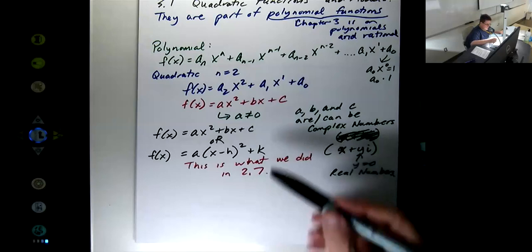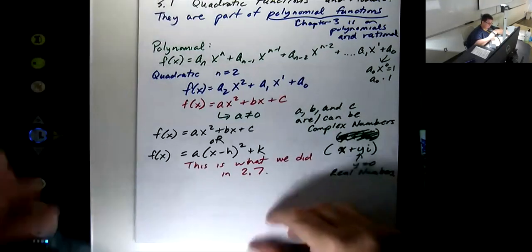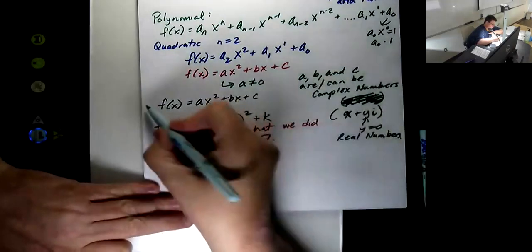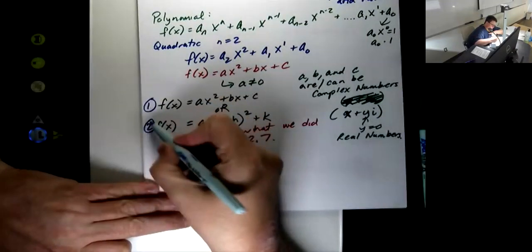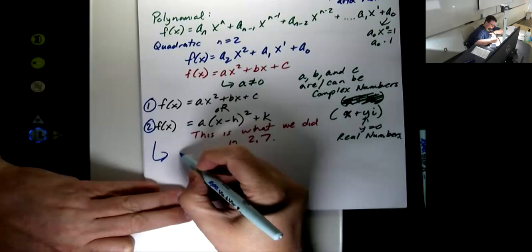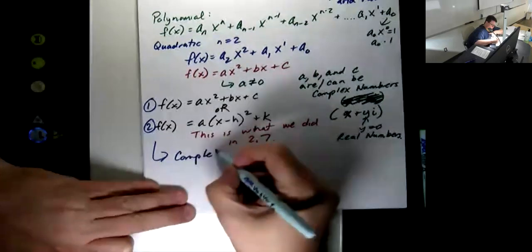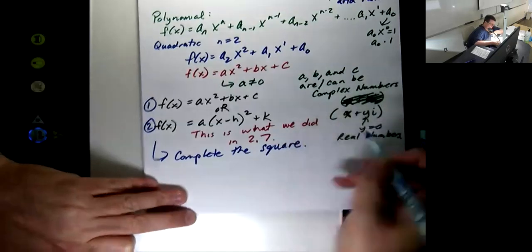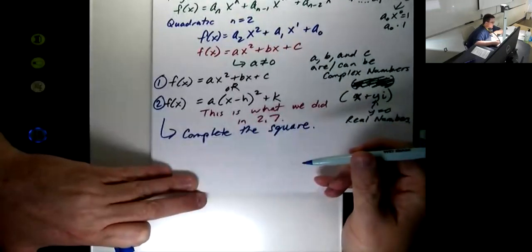So how can we get between the two here? Well, going from option 1 to option 2, we can do complete the square. And we'll do it on a couple of the problems. There is a shortcut though.